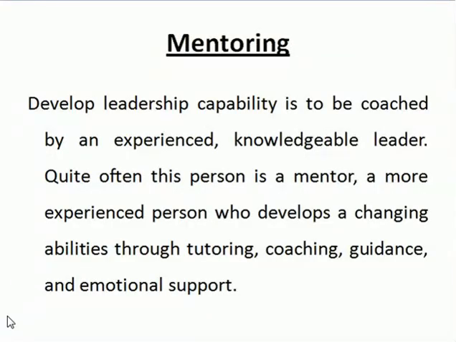We have mentoring here. When people are developing leadership capability, any executive leader needs to be coached by some experienced person, a leader who has knowledge in that area.